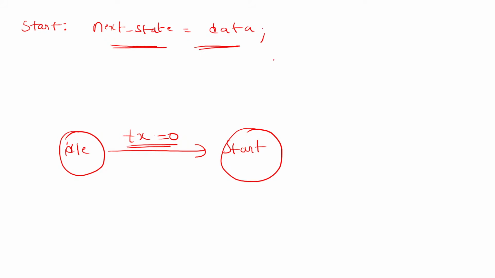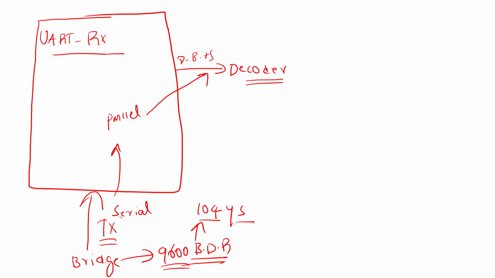But I'm not writing that, because here I should wait for 104 microseconds, because each particular bit is held for 104 microseconds. That means each particular bit is available for 5208 cycles. All these calculations we have done in our previous sessions.